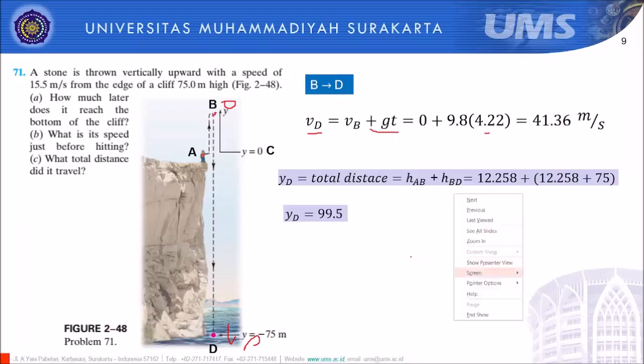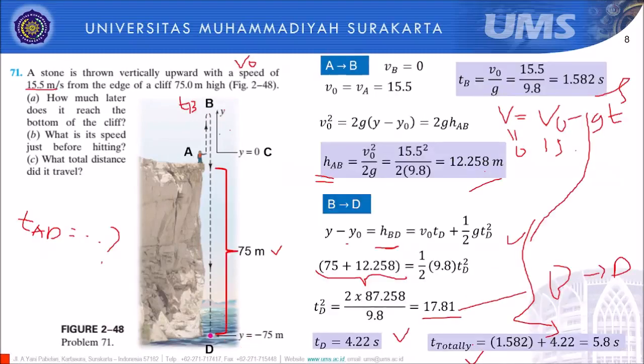Okay, total time 4.22. We already calculated 4.22. This is from B to D, right?